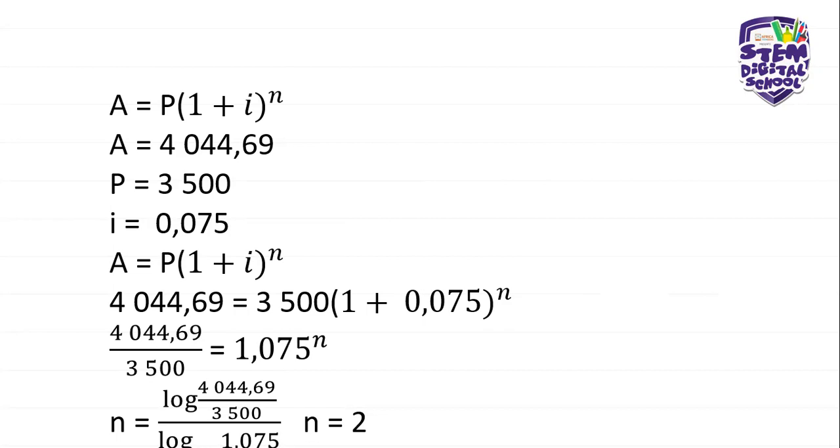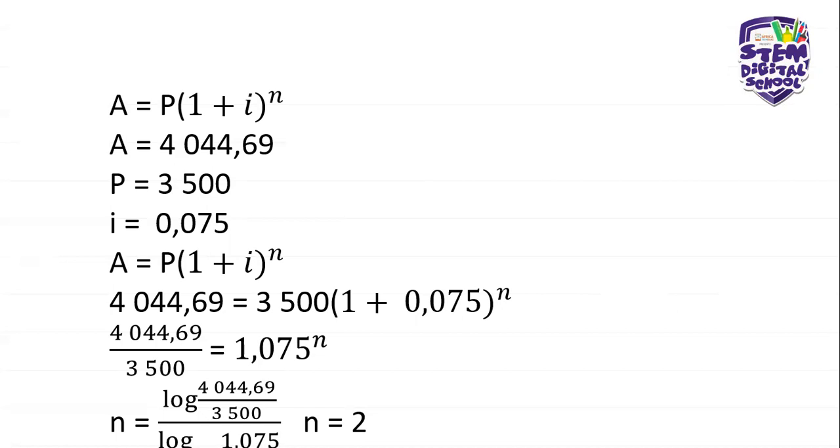And of course, you can use trial and error now to put in the value of n. For instance, if the value of n is 1, you can see that the left-hand side will not be equal to the right-hand side.